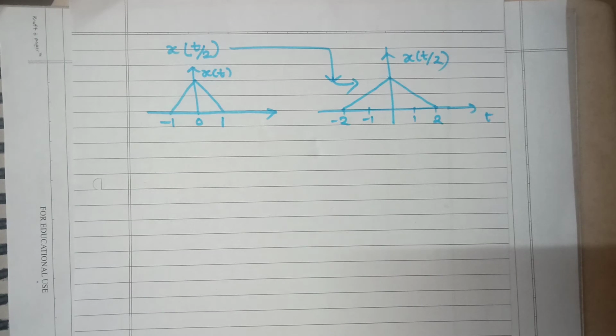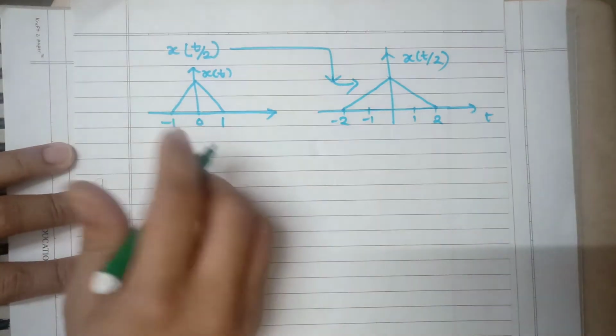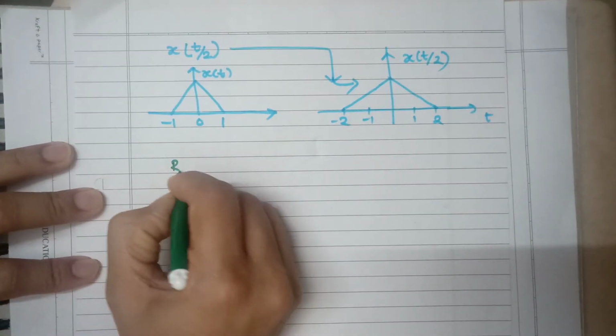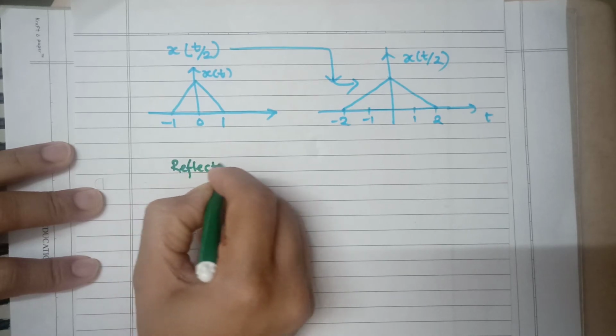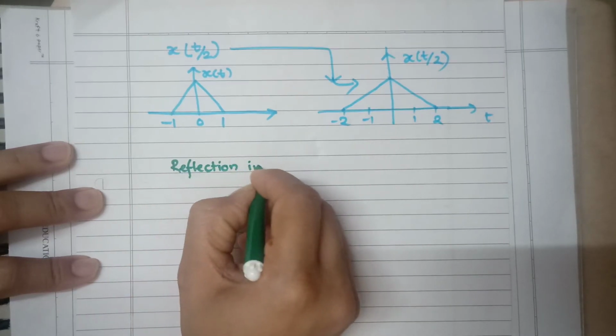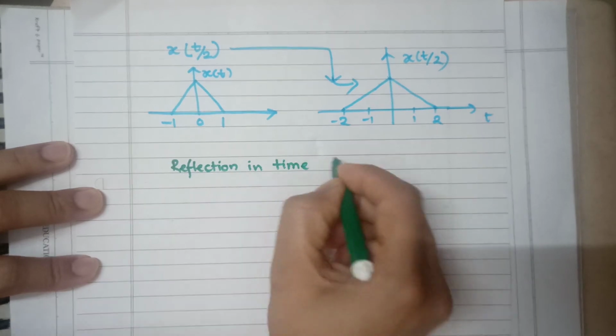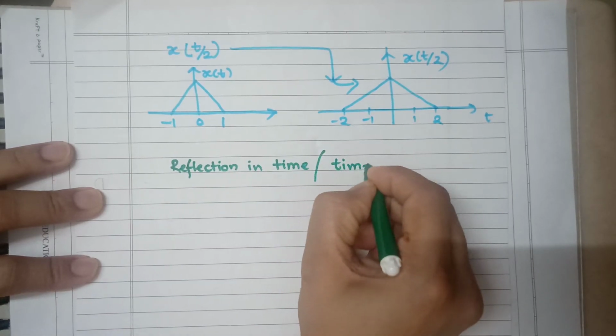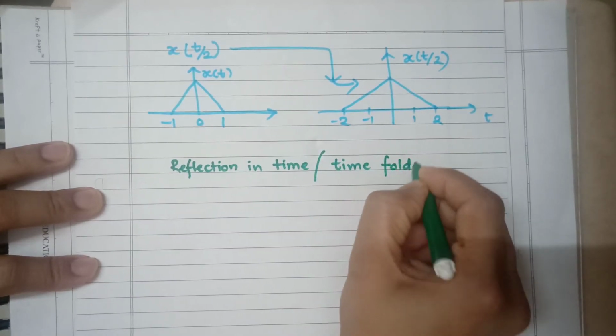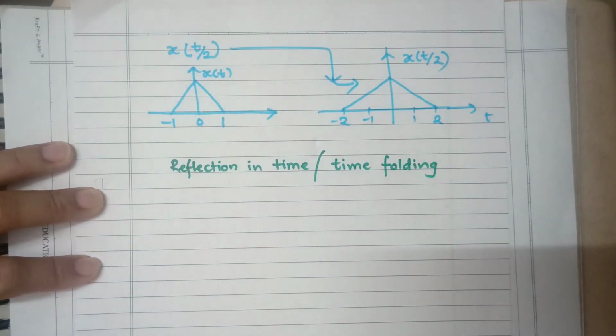Now we'll see the next operation, which is time reflection, also called time folding. Folding means we are taking the mirror image with respect to the y-axis.